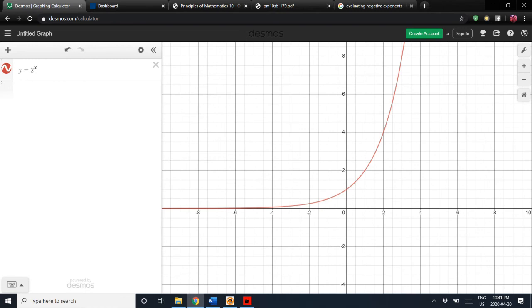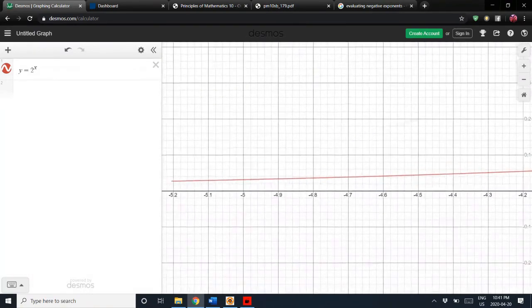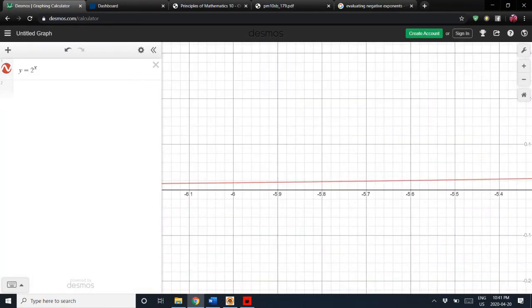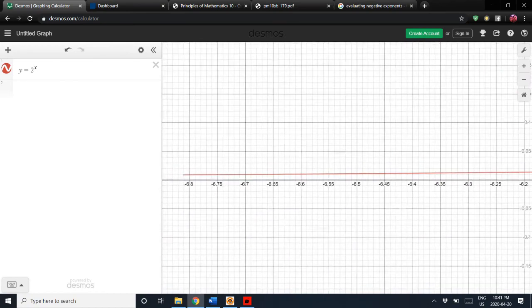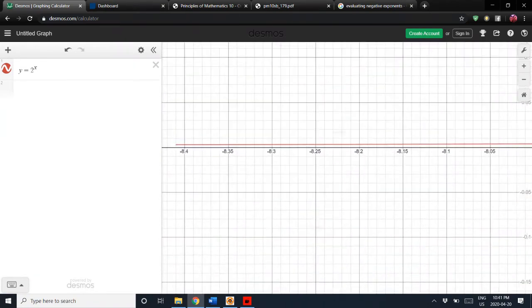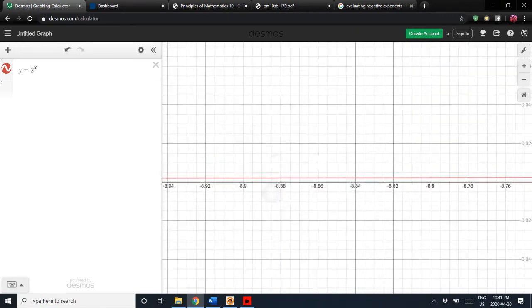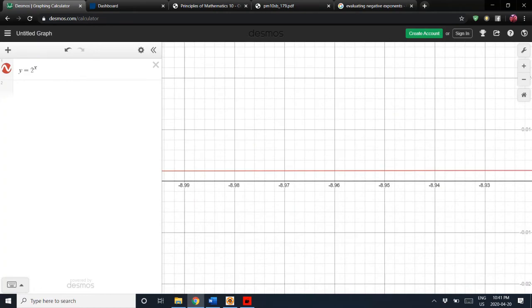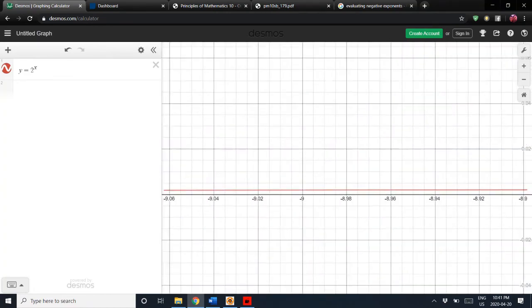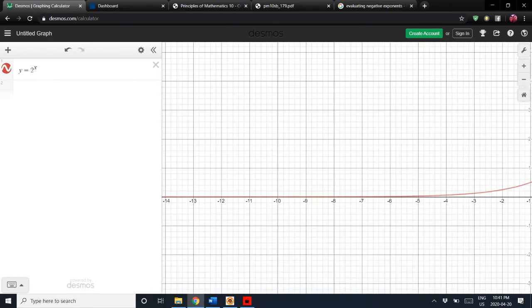What's interesting is if we zoom in on these x values here, as we go farther and farther out with bigger negative x values, you'd expect it to get to 0, but in fact, it'll never touch it. There's a special name for this type of relationship. We call this an asymptote.